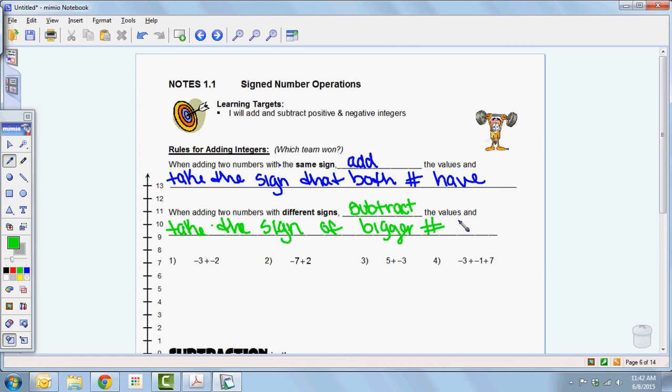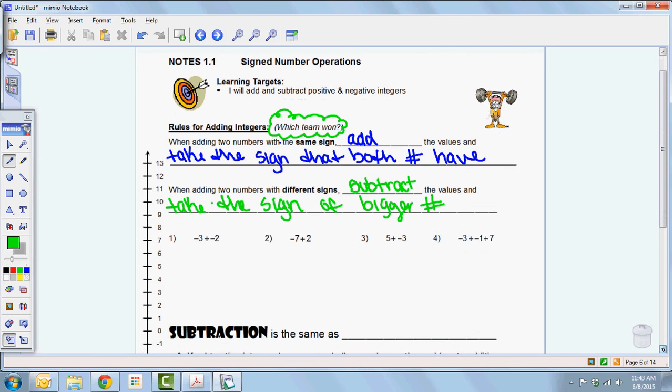If the bigger number is positive, then your answer is going to be positive. And that's when I say which team won. So if you think of your two numbers as teams and they're battling against each other, which one is stronger, you're going to take the sign of whichever team wins, whichever sign is bigger. And that's when you have different signs.